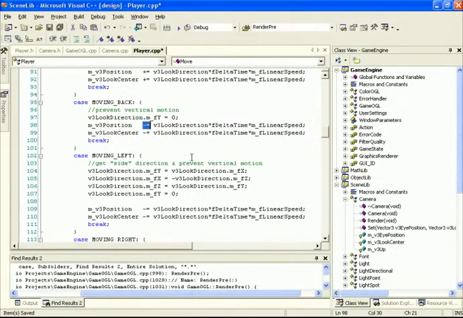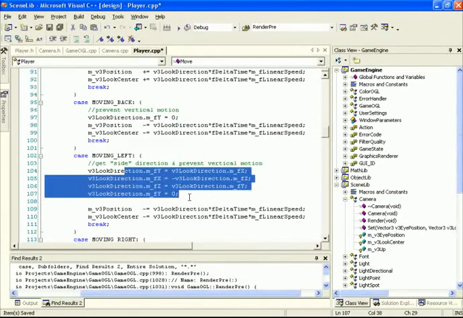Without introducing an extra variable to hold one of these while we swap them, what I've done here is take the x component and store it in the y value, because we know we're not going to be using the y for anything. Then I take the z component, add a negative to it, and save it inside of the x. Then the z ends up getting saved with the old x value, so we're actually going to pass in the y here. And then we're going to reset the y to be 0. So all this code does is swap our x and the z and add a minus sign to the z component, or sorry, to the x component.